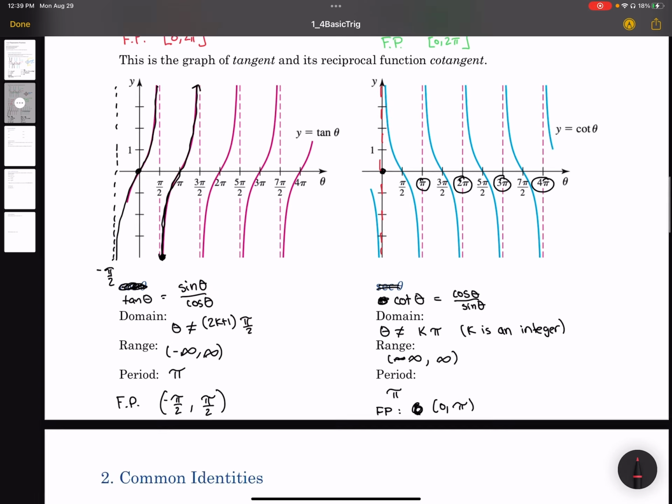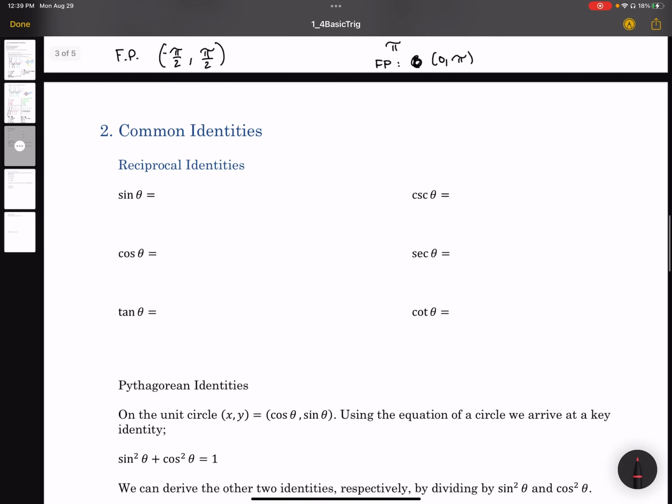we generally focus on. All right, so some of the common identities that we should know: the sine of theta is equal to 1 over cosecant theta. Cosine theta is 1 over secant theta. Tangent theta is 1 over cotangent theta.